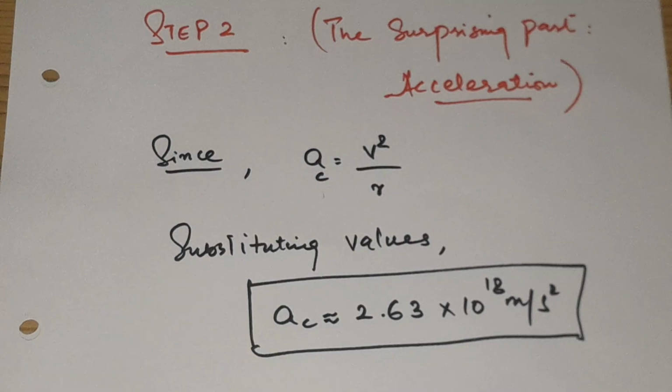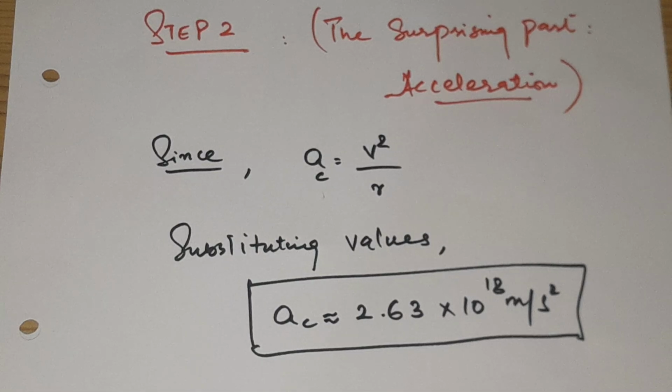But wait, didn't we say the electron's speed is constant? Yes, and this is exactly where the important concept lies. Acceleration is not simply the rate at which speed changes.